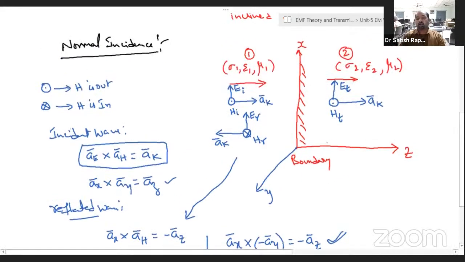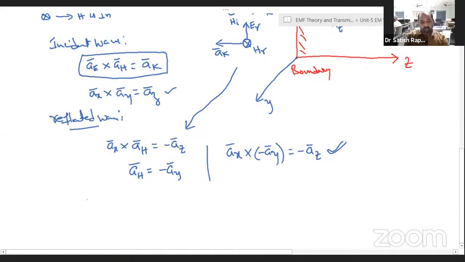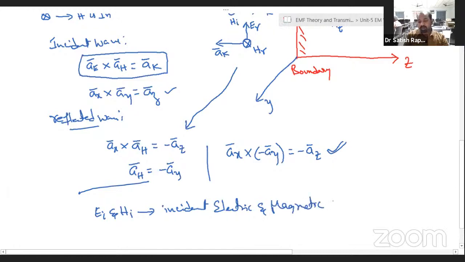So this is about the incident wave, transmitted wave, and reflected wave as shown in the figure, right? The figure is very important. So from the figure, Ei and Hi are the incident electric and magnetic fields respectively.